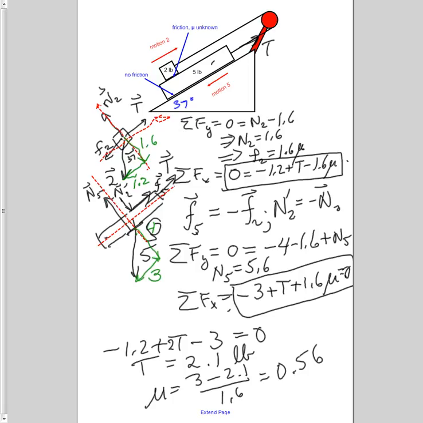Although your VideoMeister has a little bit messy pictures here, and didn't allow myself quite enough room, I hope you can reconstruct this problem for yourself. It's instructive because you have to use Newton's third law when you're thinking about the force that this guy exerts on this guy and vice versa. Okay, that's it.